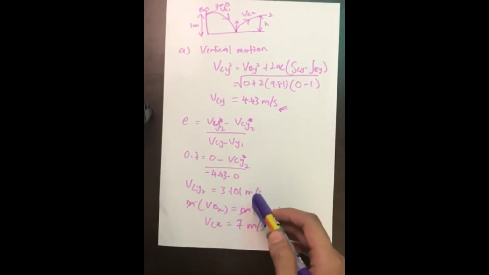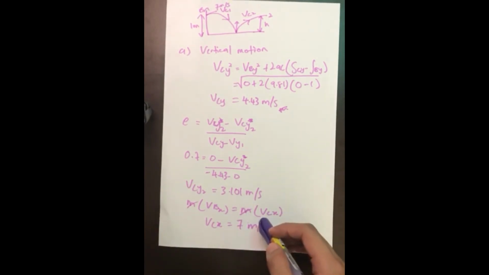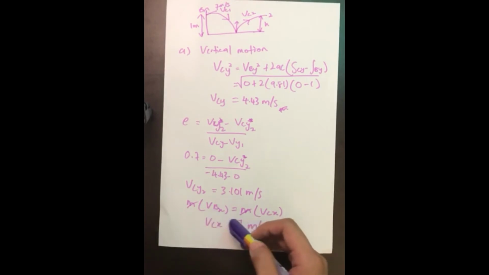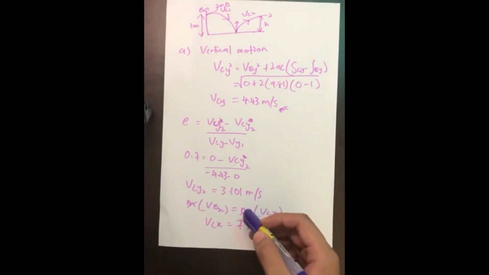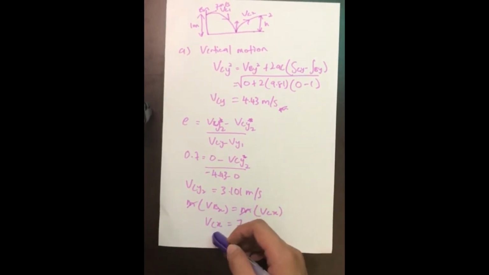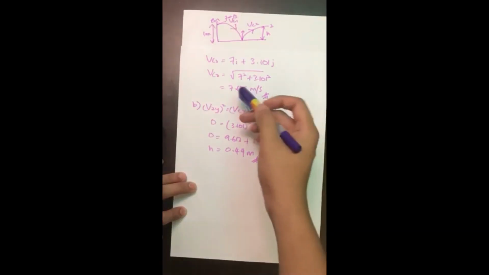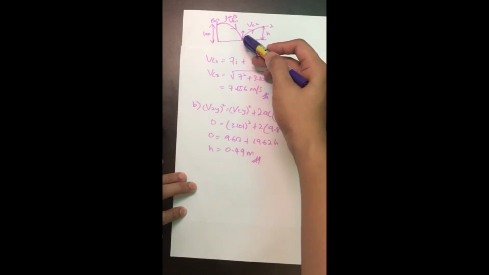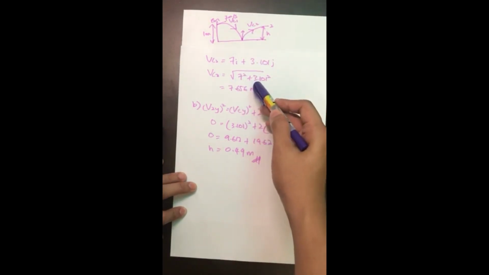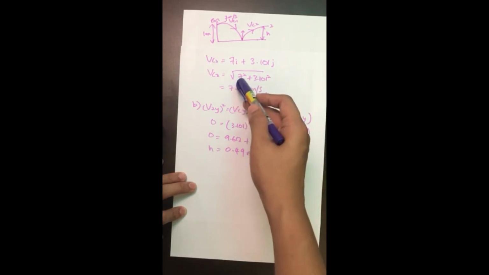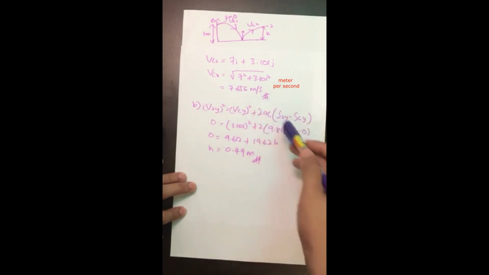We can cancel the mass since we have the same value of mass. From the previous question, VCX equals VBX, which is 7 meters per second. Then we can get the velocity VC2 using the magnitude of velocity. We solve it and we get 7.656 meters per second.